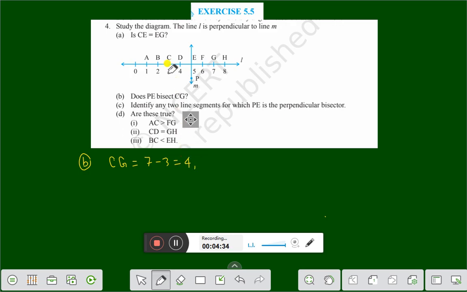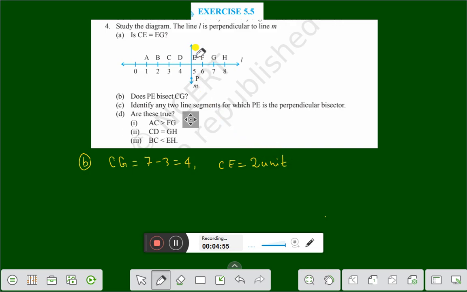And if you find the distance of CE, C means this one, final is 5 and initial is 3. 5 minus 3 means 2 units. CE is 2 units, right?